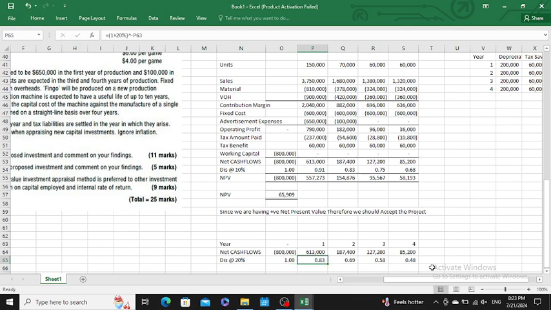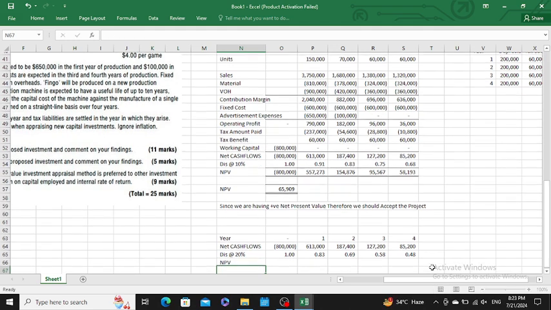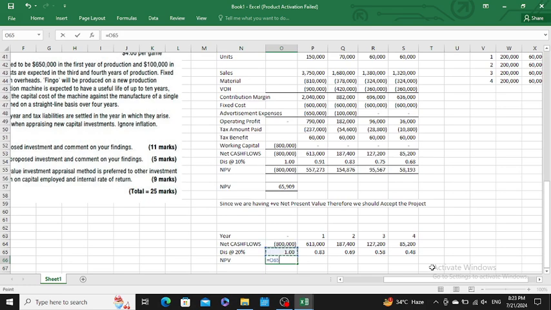So similarly, 1.2 raised to the power minus 2, 1.2 raised to the power minus 3, 1.2 raised to the power minus 4. After multiplying our net cash flows with the discount rate of 20%, we would have the net present value of 8 lakh for the first year, and similarly 510,833 for the second, 130,139 for the third, 73,611 for the fourth, and 410,888.